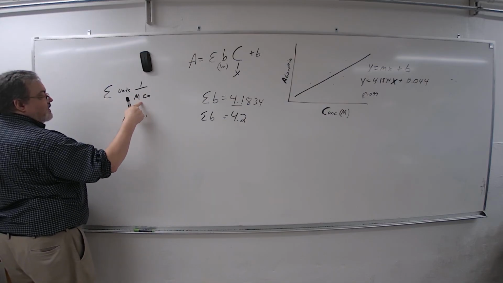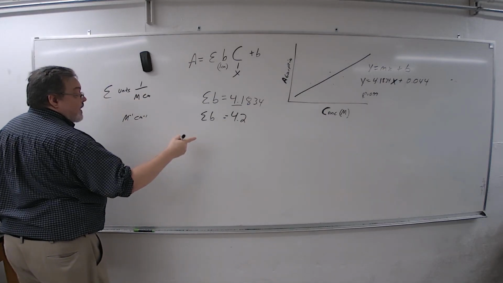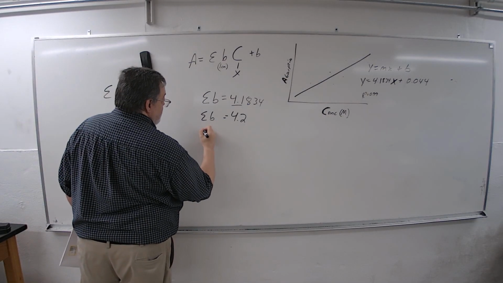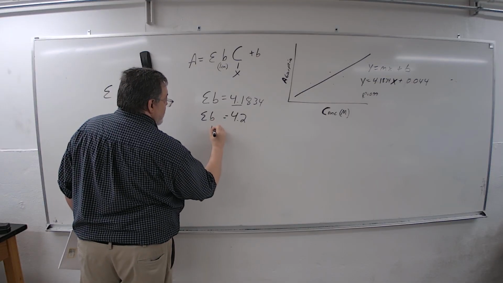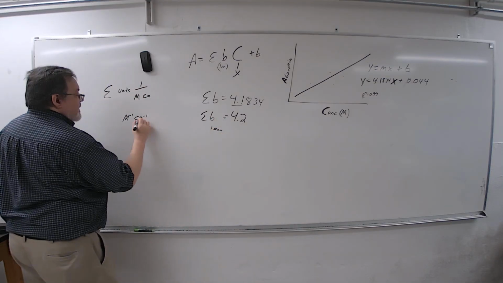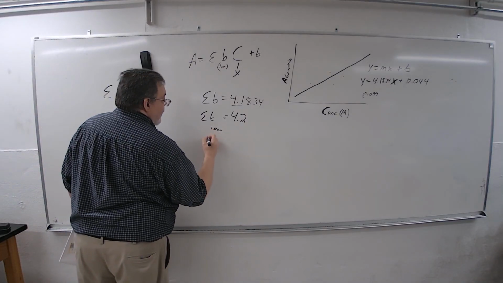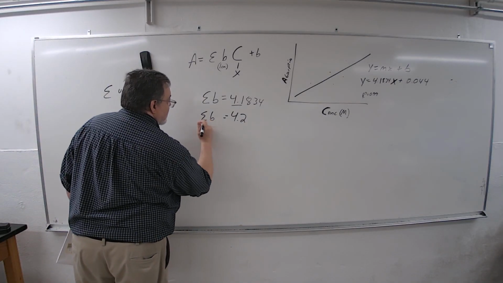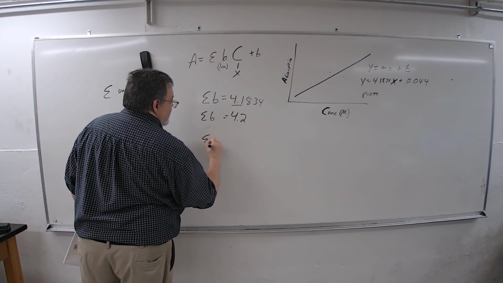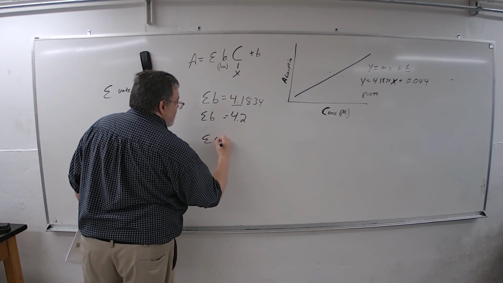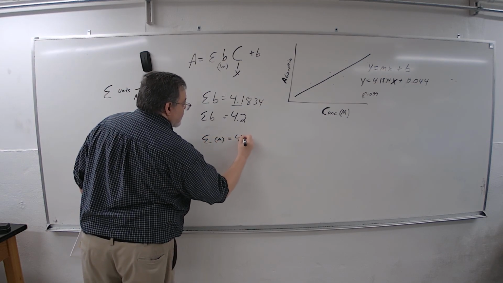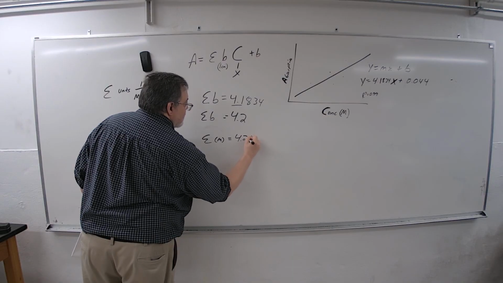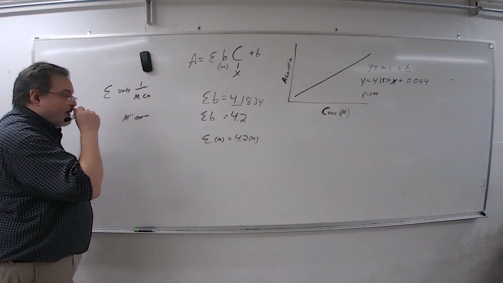Molarity centimeter. Right. It might say the units are M to the -1, cm to the -1, but that's what it means. They're both underneath in the denominator.